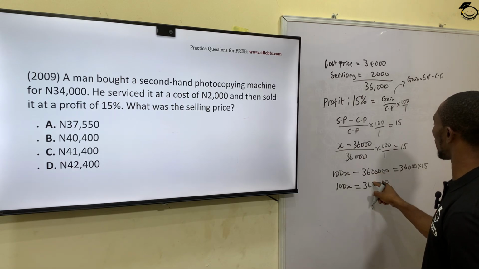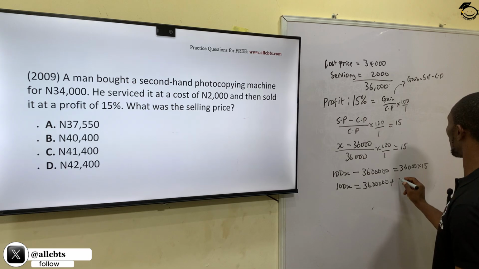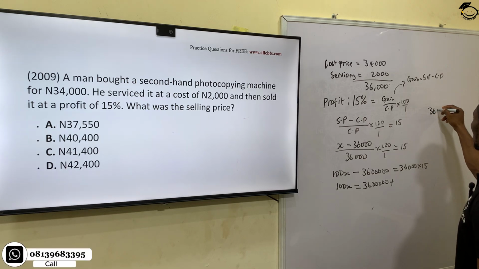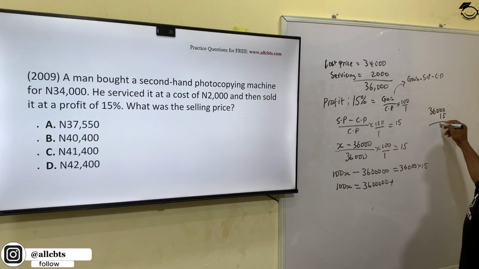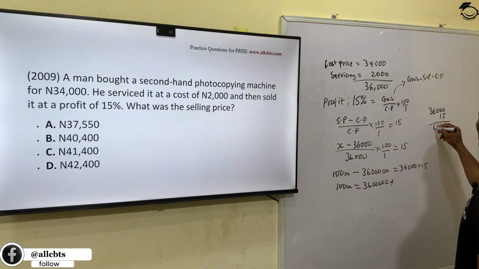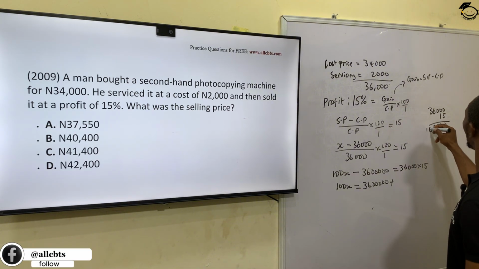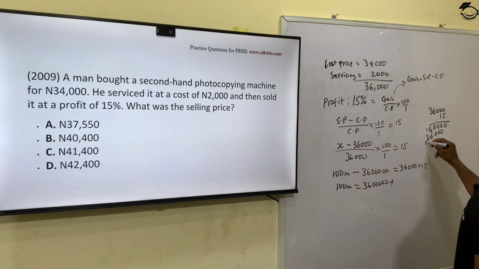Now multiplying 36,000 times 15. 6 times 5, 30, 0 carry 3. 0, 0, 0, 6, 3.